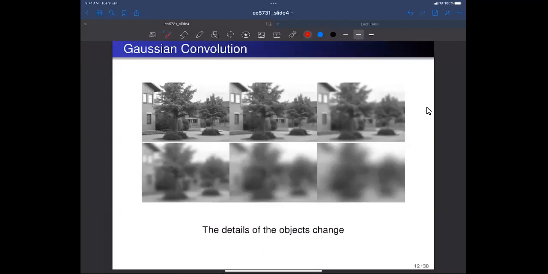From the input image, we have to generate A, B, C, D, E here. The difference between A and B is the standard deviation of your kernels. The further the object, the more blurred the image will be. That's why you have to go up to E.